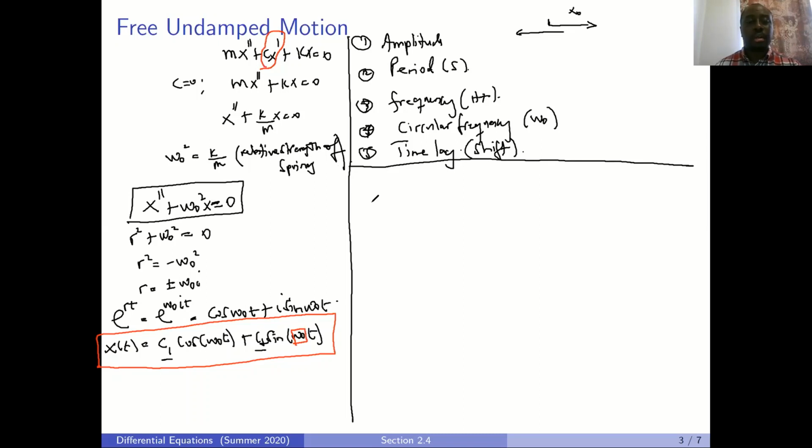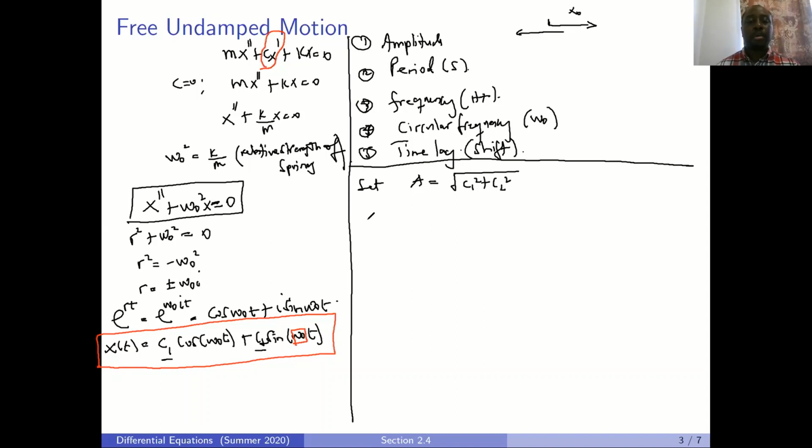To do that, let's call A our amplitude. We're going to define our amplitude as the square root of C1 squared plus C2 squared.